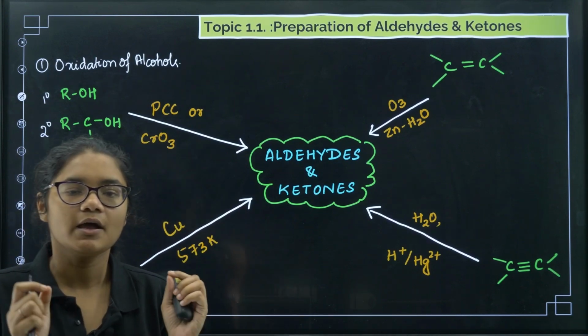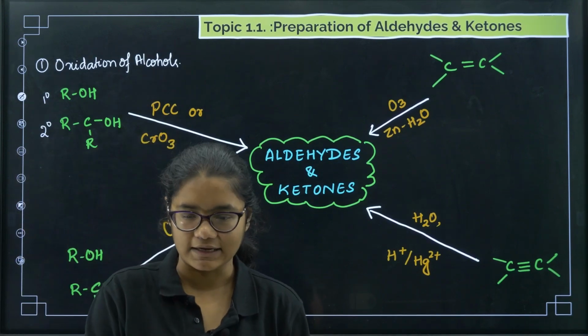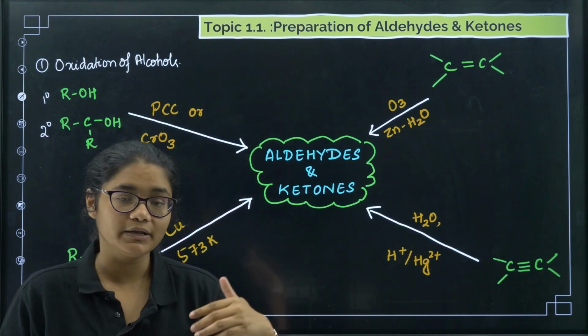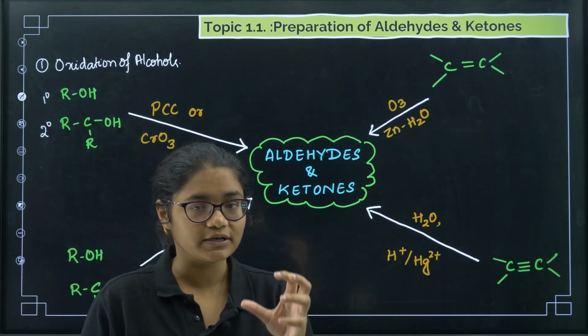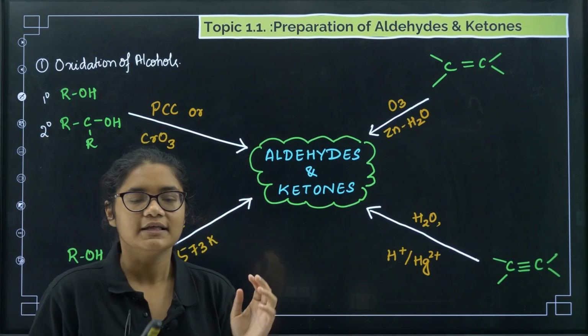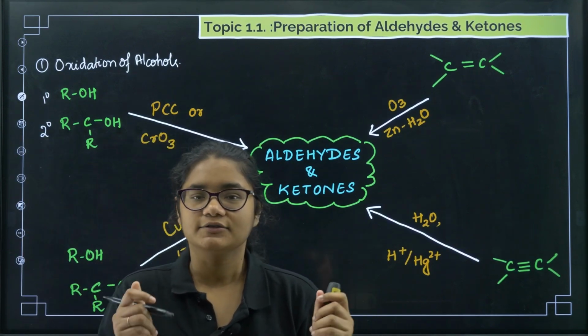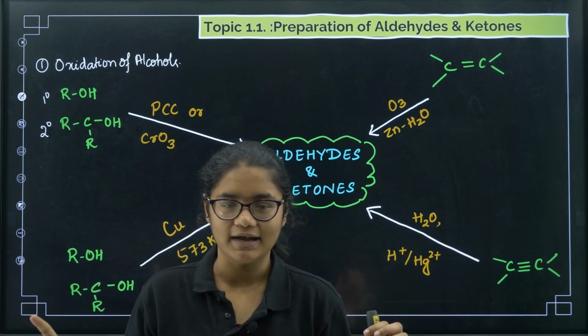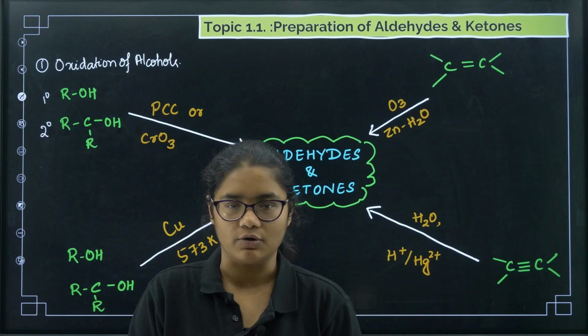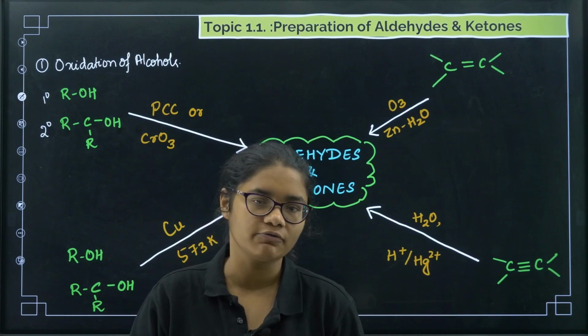Please remember this. The reagent required here will be PCC or CrO3. So primary alcohols will give you aldehydes, secondary alcohols will give you ketones. That is the first method, oxidation of alcohols.